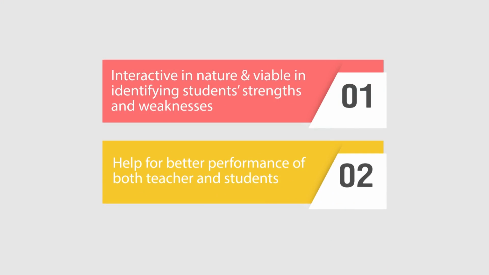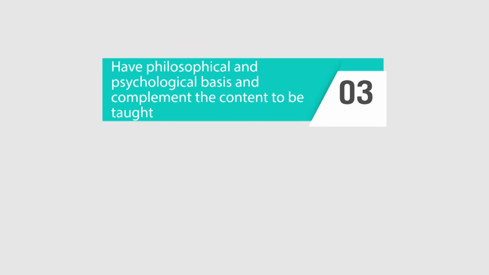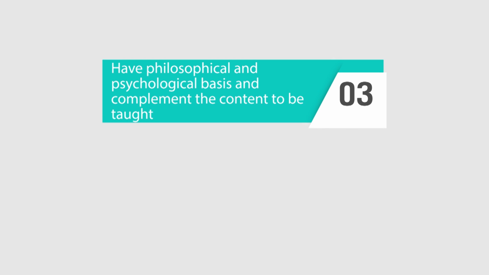Then a good teaching model should help improve the performance of both teacher and students. That means it helps the teacher to perform better and make his teaching effective, and it helps the students to perform better and show better learning outcomes. A good teaching model has a philosophical and psychological basis, and it complements the content to be taught.